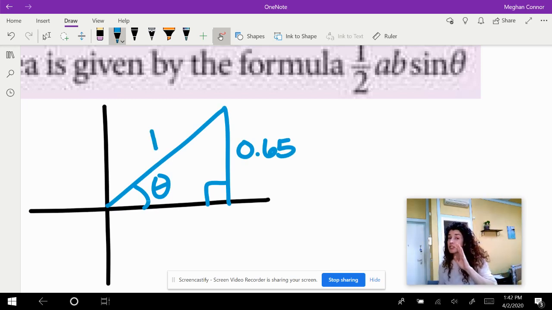You could have done that a bunch of different ways. You could have labeled the opposite side as 65 and the hypotenuse as 100 to make the ratio turn into 0.65, but I think that just is too much work if you just do 0.65 over 1. And it says to solve for that angle.